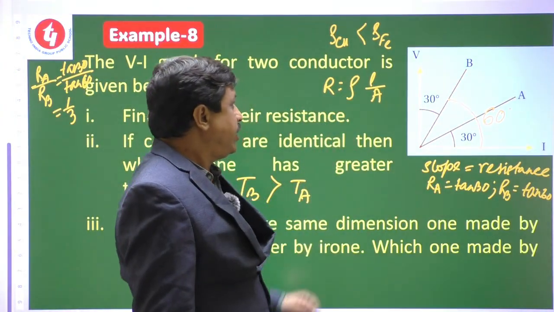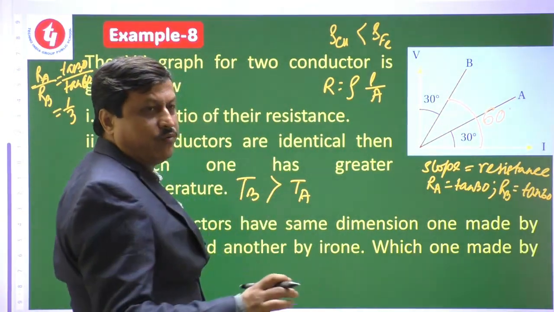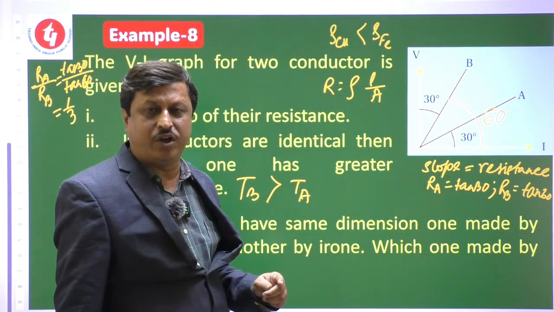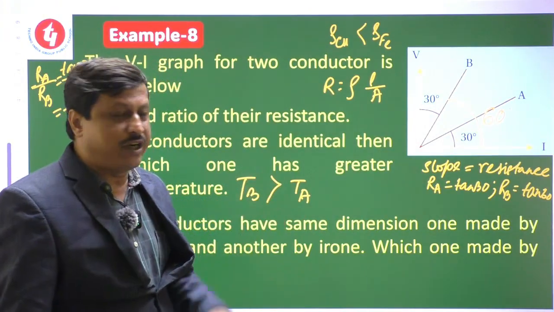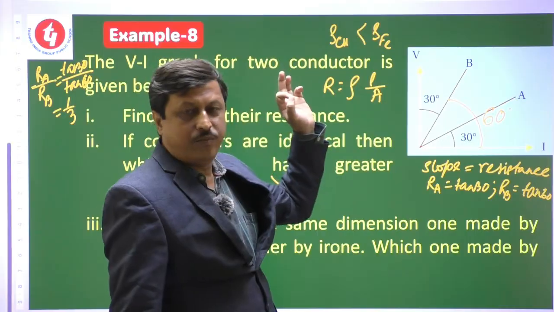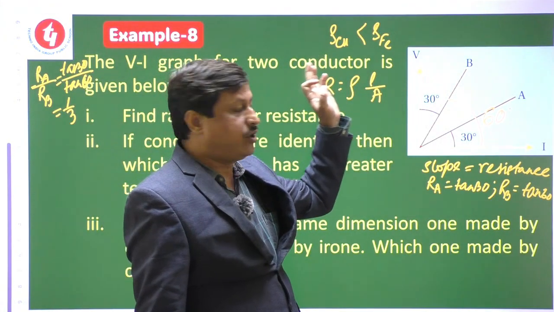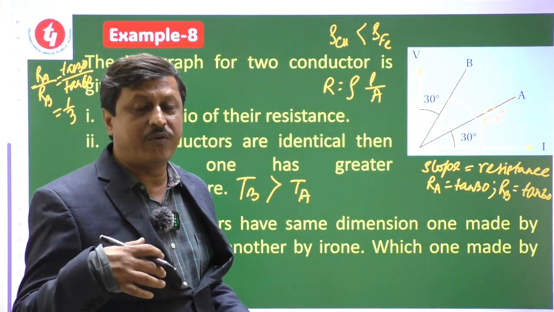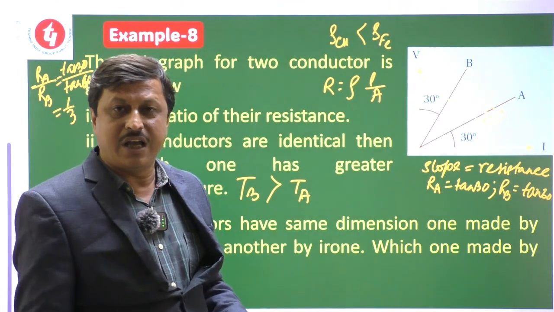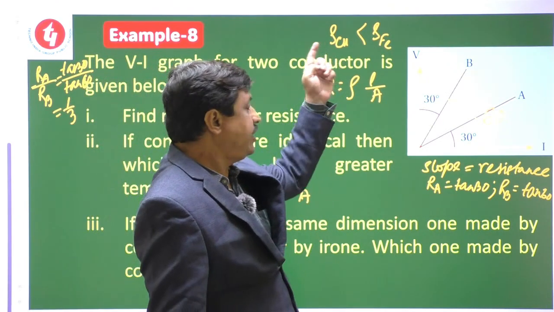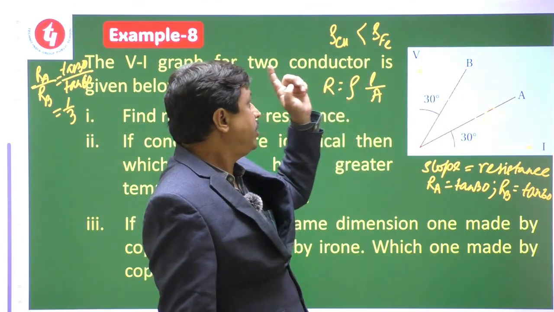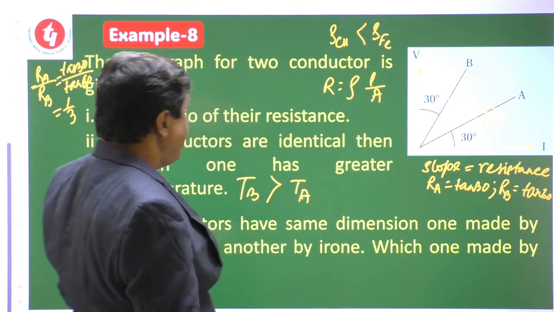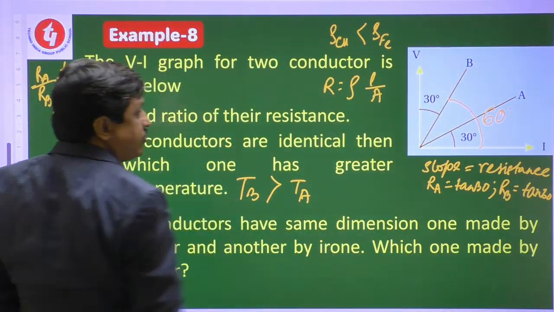You know the formula of resistivity. Resistivity basically depends on the number of free electrons per unit volume, or electron density, and electron density in copper is greater than in iron. So if the electron density is higher in copper than iron, resistivity obviously decreases, right? If resistivity decreases, resistance also decreases.